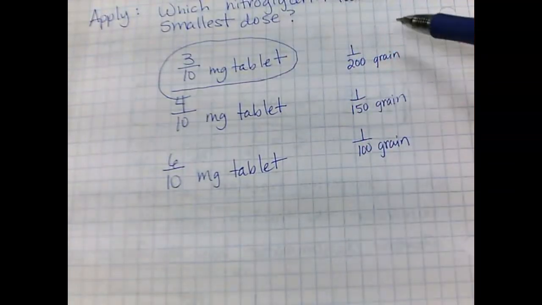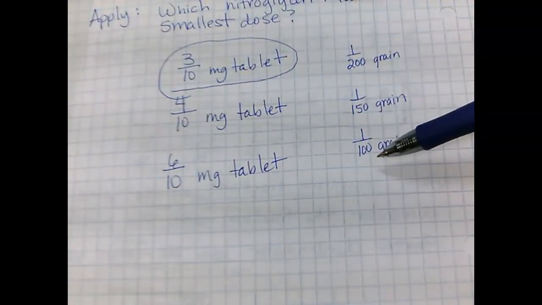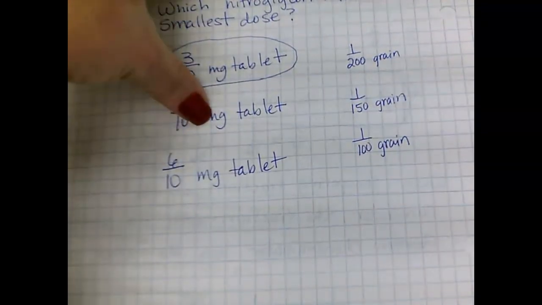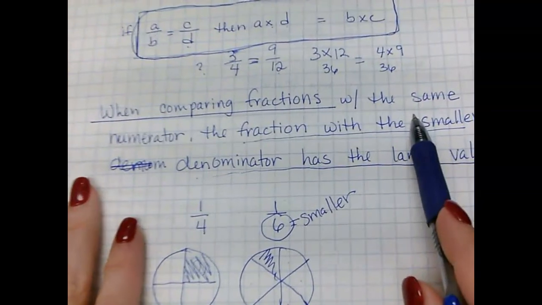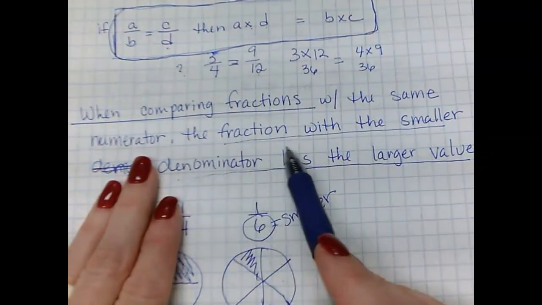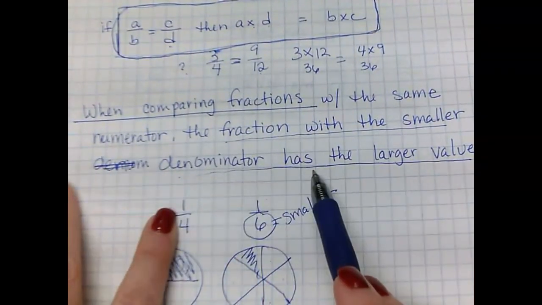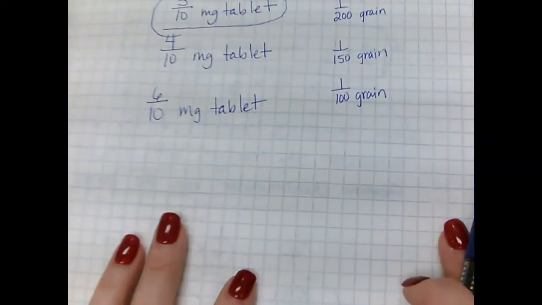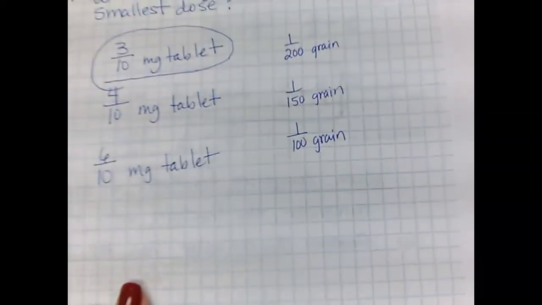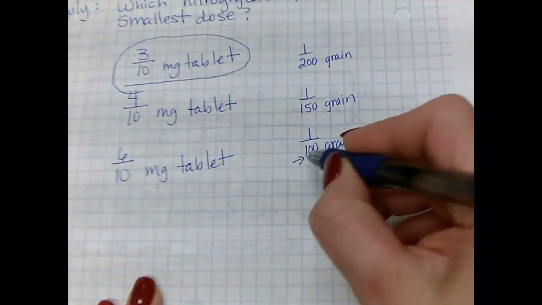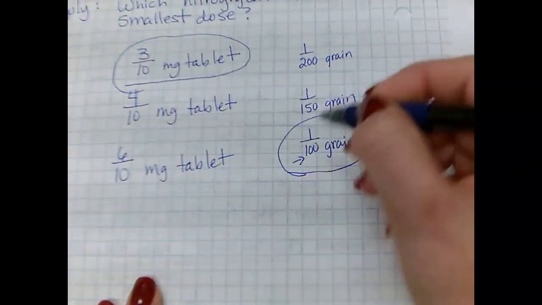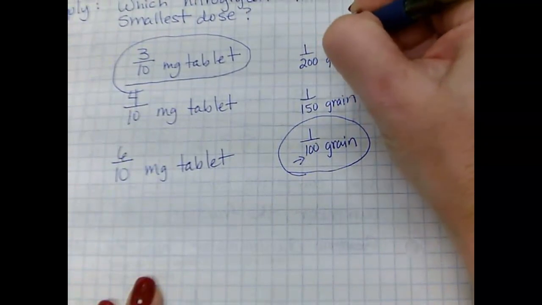So whichever denominator is the smallest value is the largest dose. Isn't that what the rule says? So let's look back here. Same numerator, the fraction with the smallest denominator has the largest value. So which one of these would be the largest? This one has the smallest denominator, so this would be the largest, and this would be the smallest.